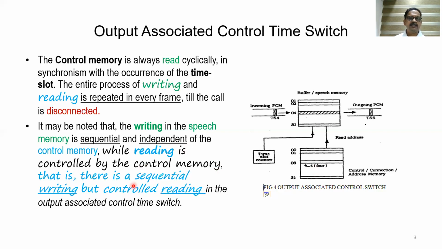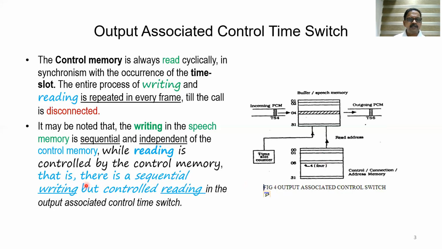That is, there is sequential writing but controlled reading in the output associated control time switch. In case of output associated control time switch, the writing is sequential, but the reading is as per the directives of the control memory. The same thing is mentioned here.